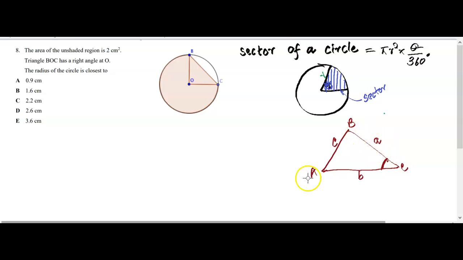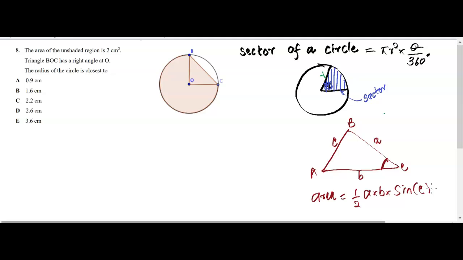So what is the area of this triangle? If you know this angle C, the area of this triangle is equal to half times a times b times sine C. These sides, a and b, are known, and the included angle is also known. So this is how you find the area of this triangle.